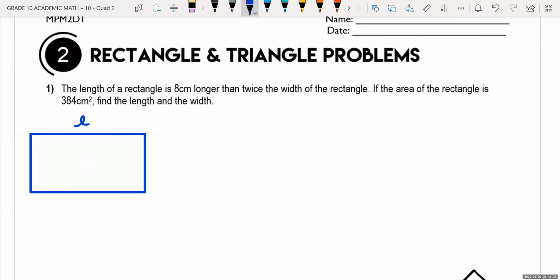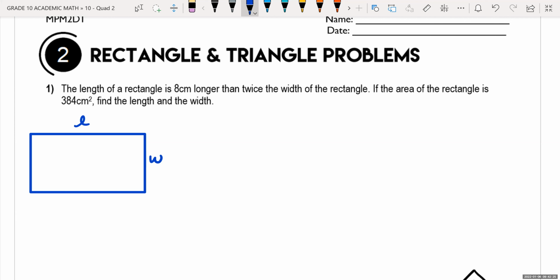Well, here I have my length and here I have my width. And I'm going to think about it. And I know the length of a rectangle is 8 centimeters longer than twice the width.